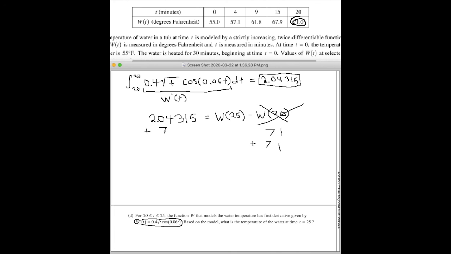Again, just a basic algebra question. So I get 73.04315 equals W(25), which means the temperature of the water at time 25 minutes is going to be 73.04315 degrees Fahrenheit.